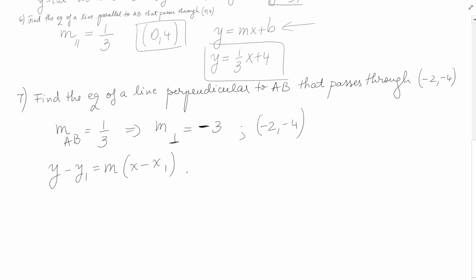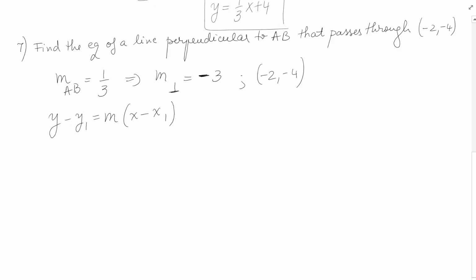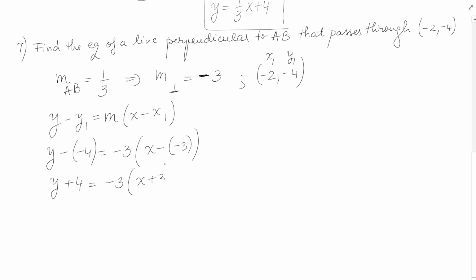If you write formulas many times, they tend to stick. So y minus, this would be x sub 1 and this would be y sub 1. Y minus -4 equals m, which is -3, times x minus -2. So we have a lot of negatives here, so be careful. Y minus -4 means y plus 4. -3 times x minus -2 means plus 2.